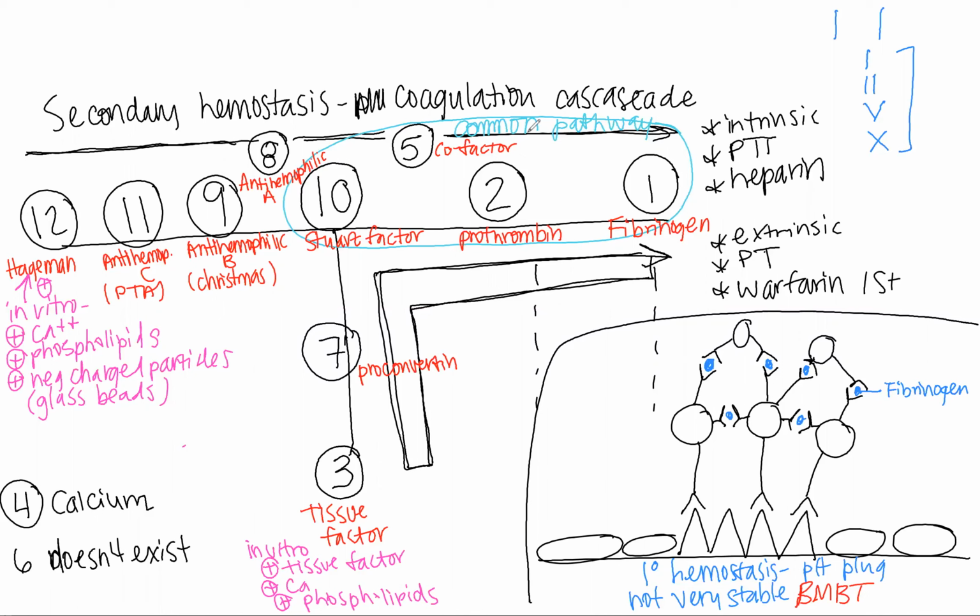The way that coagulation actually happens in vivo is that we have the tissue factor that was exposed when we had the break, and then tissue factor and 7 form a complex, and then they activate 7, 10, and 9.